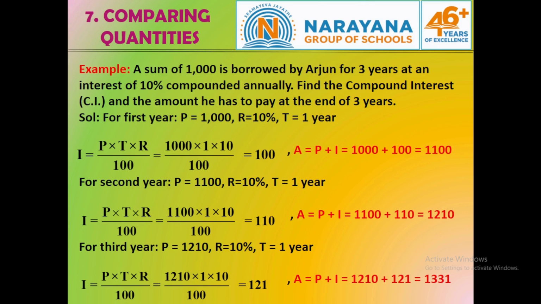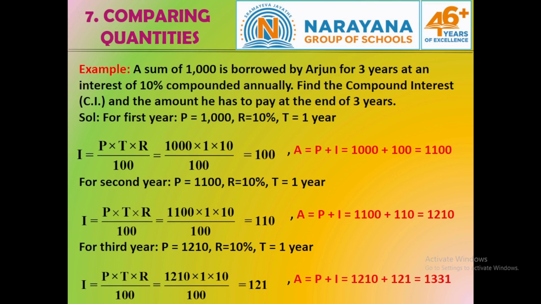So every year means time period is equal to 1 year. The rate of interest is 10%. Principal amount is 1000. By substituting all the values in PTR by 100, we'll get interest is 100. So after 1 year, the amount becomes 1100. That is, interest is added to the principal amount.